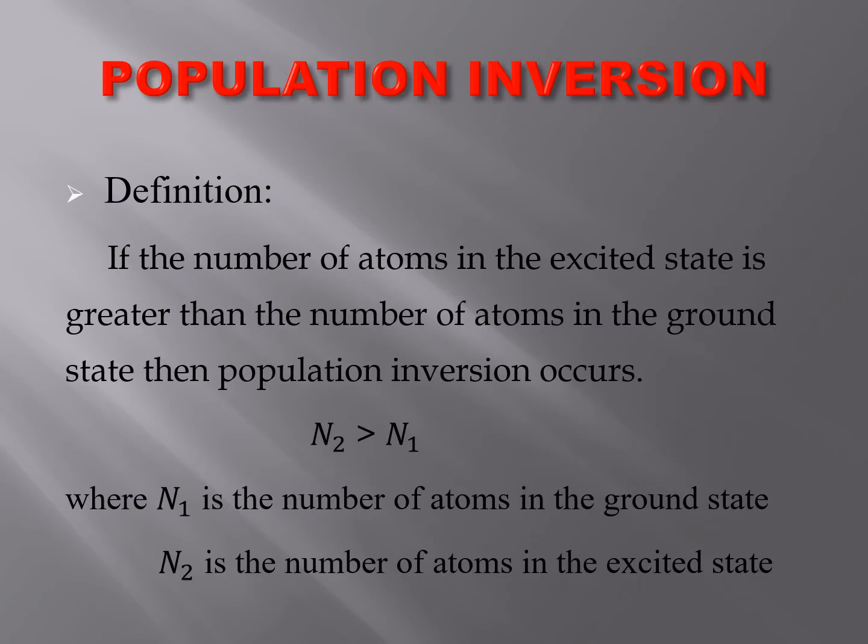What is population inversion? If the number of atoms in the excited state is greater than the number of atoms in the ground state, then we call it population inversion. That is, N2 should be greater than N1, where N1 is the number of atoms in the ground state and N2 is the number of atoms in the excited state.